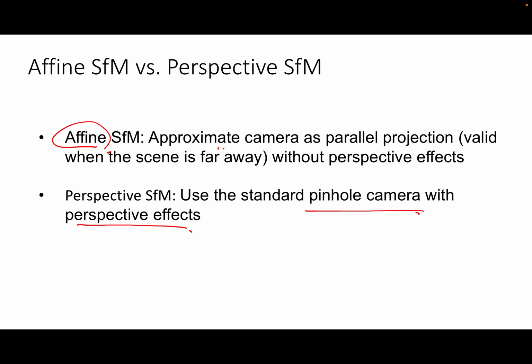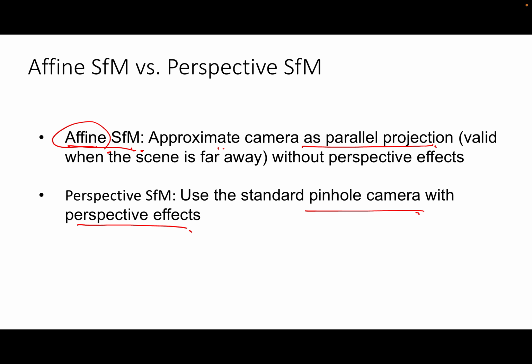But in this kind of affine structure from motion, because structure from motion is too ambiguous, we'd like to give a little bit of a strong constraint, so that we use the affine transformation matrix. We'd like to apply a parallelism constraint to the structure from motion algorithm, so that we can reduce the ambiguity. That is affine structure from motion. It approximates the camera as a parallel projection.